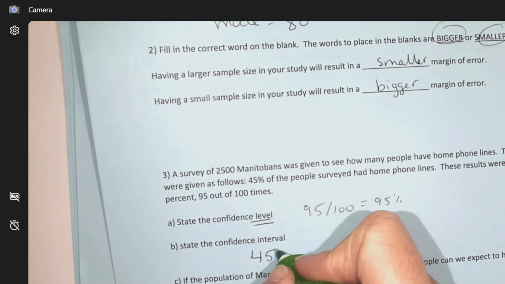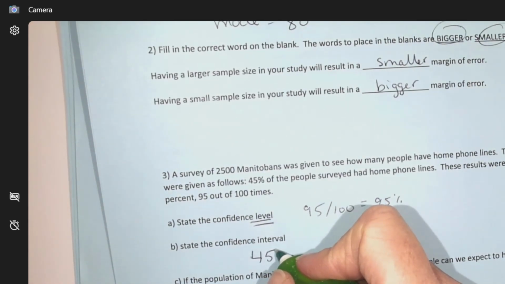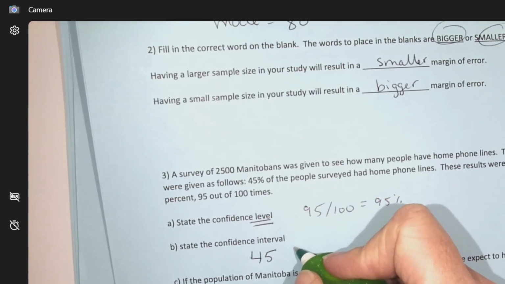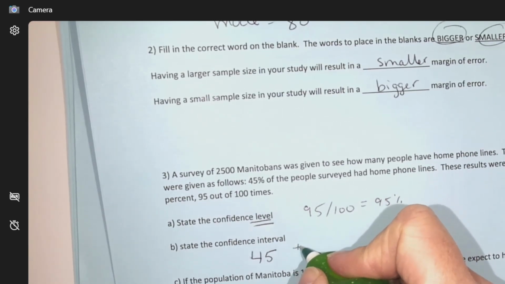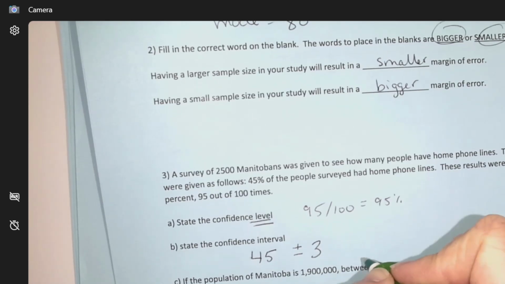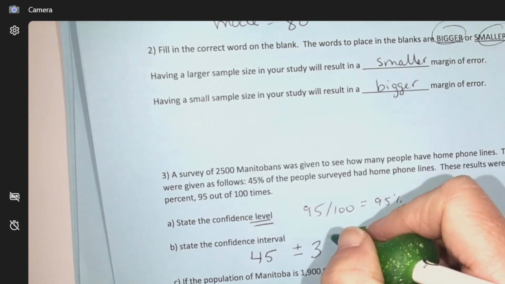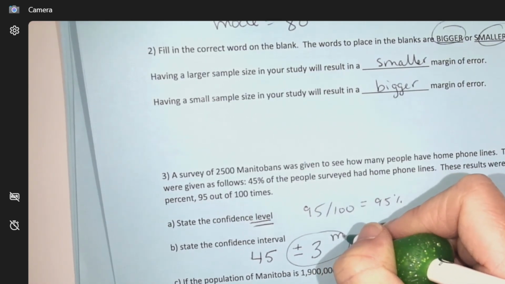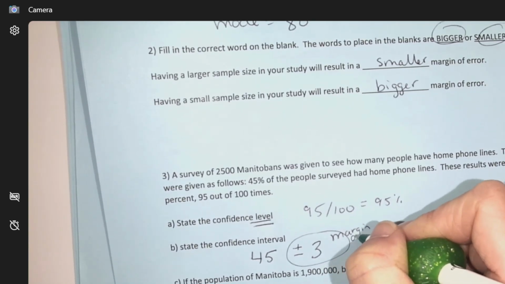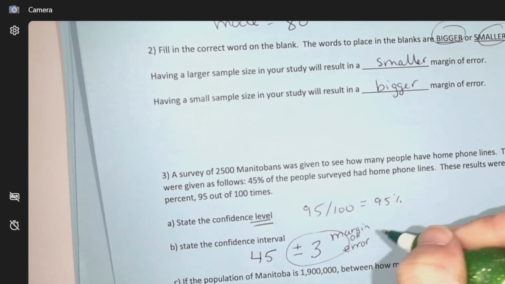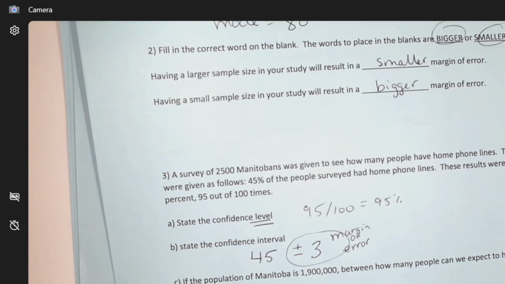So 45 is where we were at, but we have a plus or minus 3, which is your margin of error. If I ever ask what's the margin of error, it's plus or minus 3. Some of you in your test forgot to put plus minus in front of that.